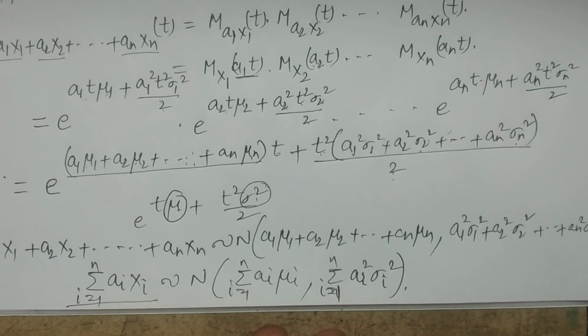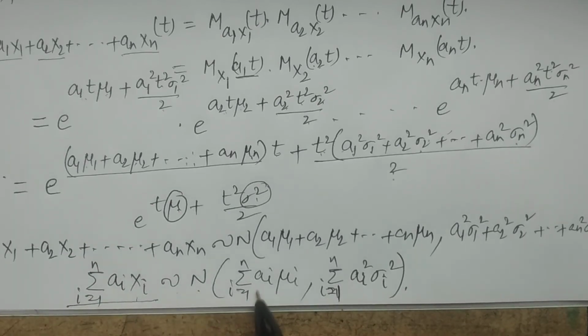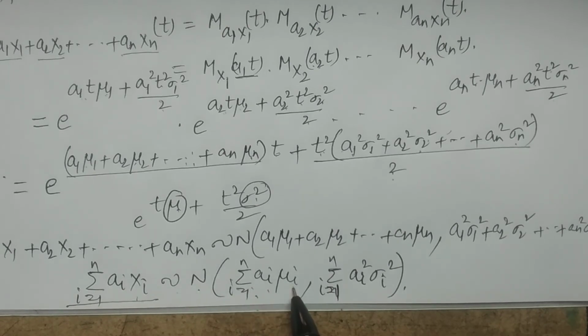If you consider x1, x2, ..., xn as n independent normal variates, then the linear combination summation ai xi, that is a1 x1 plus a2 x2 plus and so on plus an xn, follows a normal distribution with mean summation ai mu i and variance summation i equal to 1 to n ai square sigma i square.